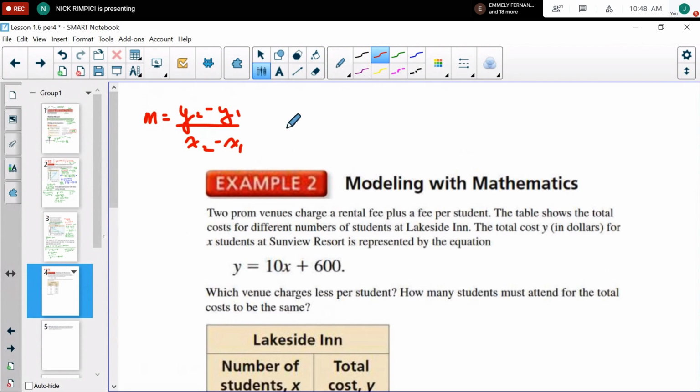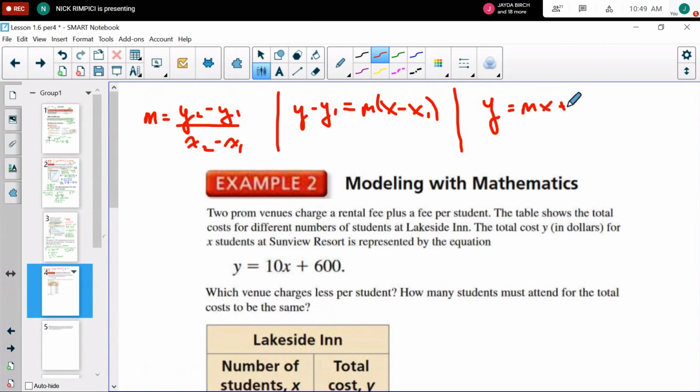Given that you have two different points. You could also use the other point slope form, y minus y1 equals m parentheses x minus x1. That's fine too. Okay, this can be used. And again, for today, like yesterday, I'm going to answer my questions in y equals mx plus b form. And that's by preference. You can answer it this way if you want instead. It's kind of up to you.